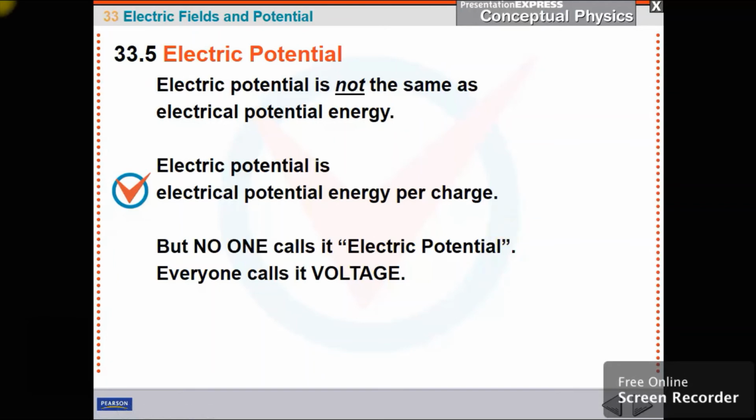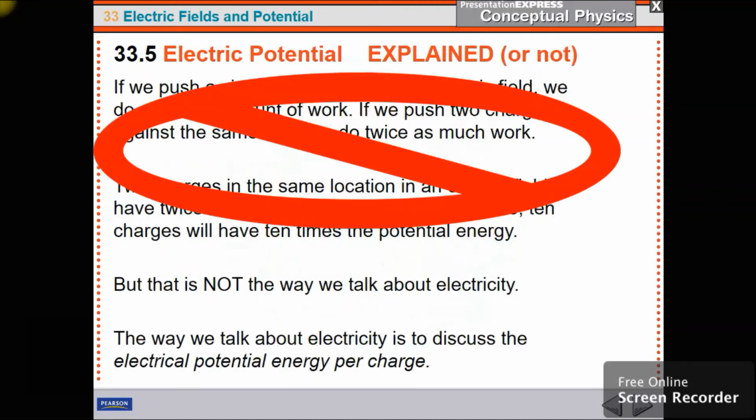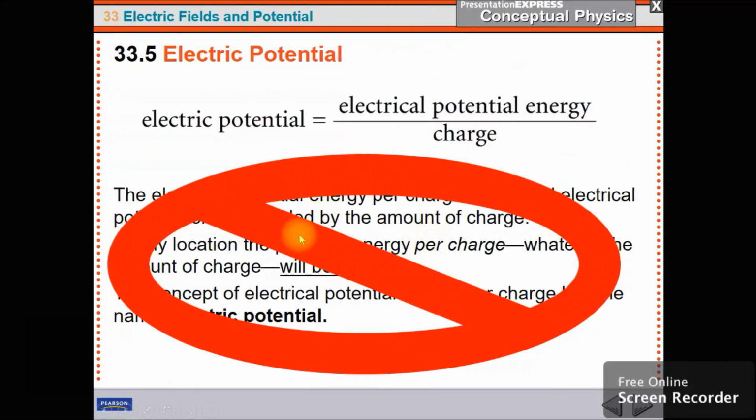But you'll see it all over the textbook and in places all over physics classrooms. But no one in the real world calls it electric potential. Everyone calls it voltage. That is not the way we talk about electricity in the real world.